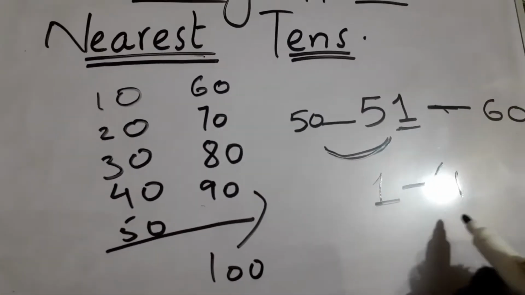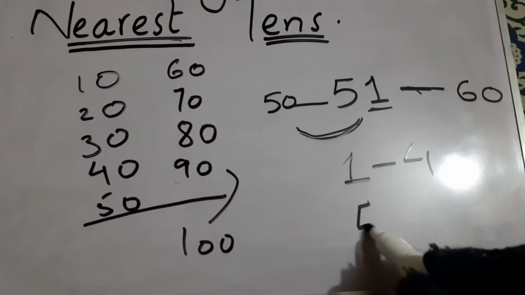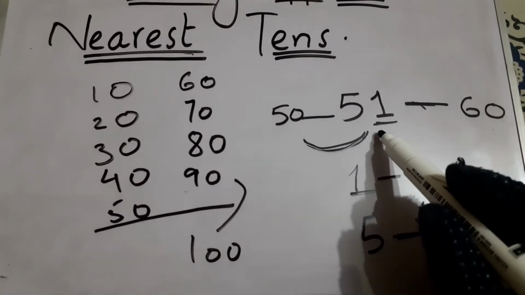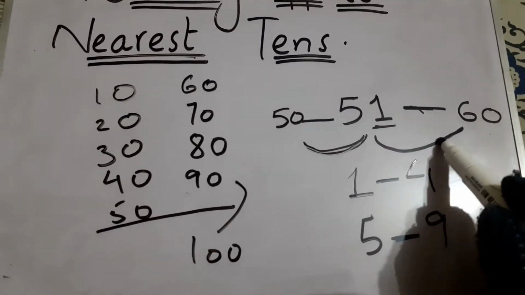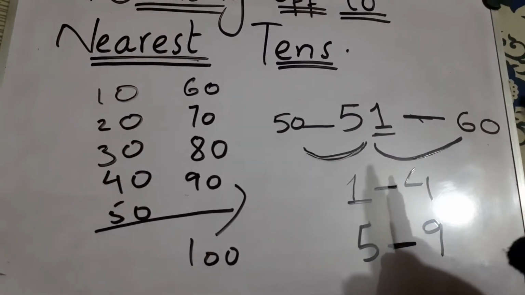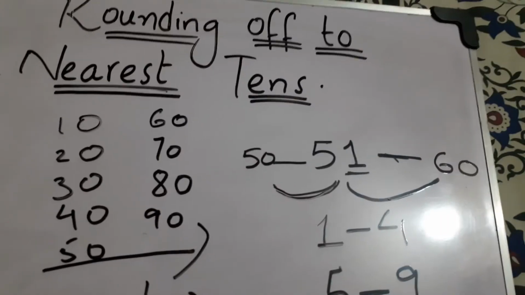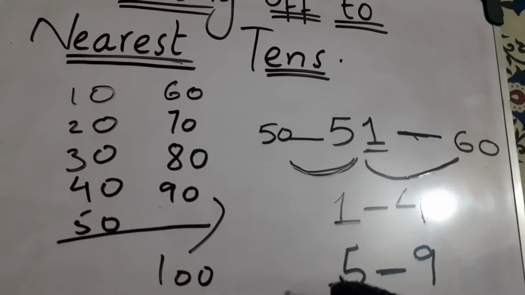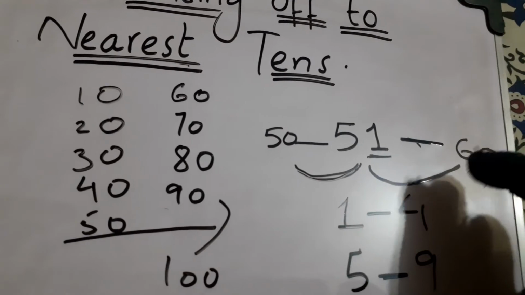But if you have the numbers from 5 to 9, then the round off will go ahead.